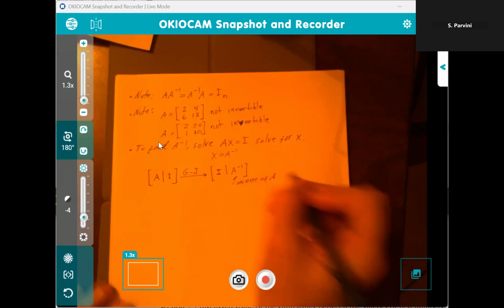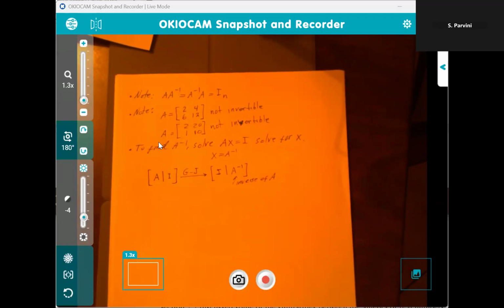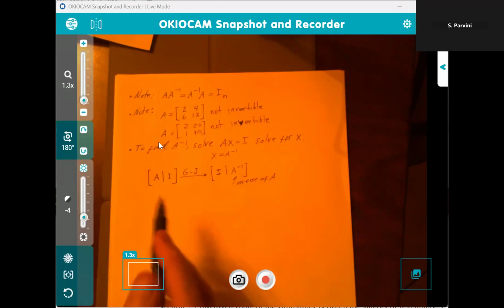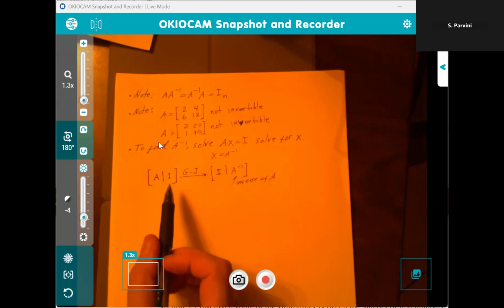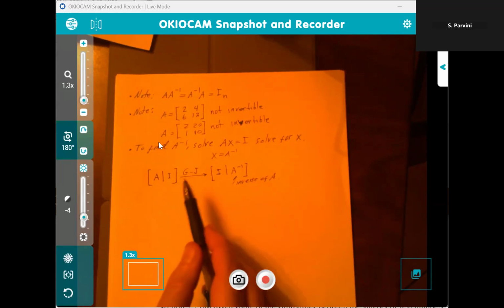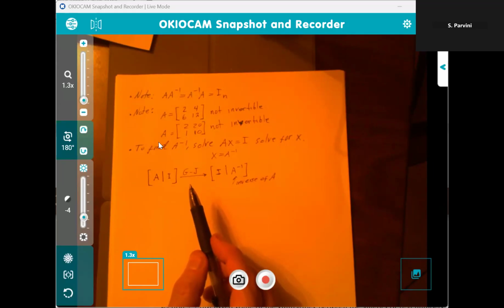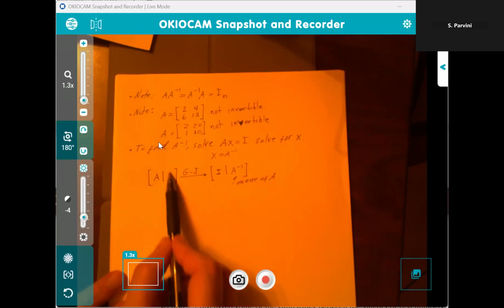And again, we'll do plenty of examples tonight. You'll see, hopefully it will clarify these for you. Okay, so this is how we're going to do this. In other words, to find the inverse, we're going to adjoin the identity matrix to the coefficient matrix. This is called the adjoin.